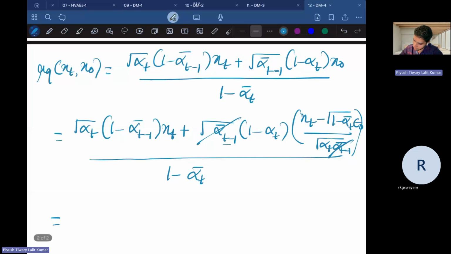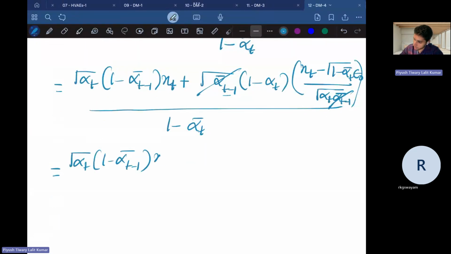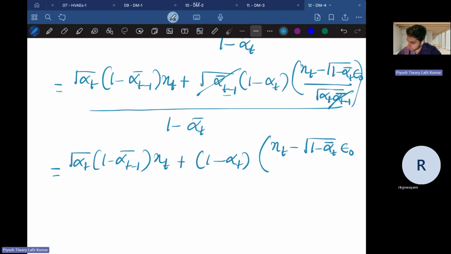This thing will become alpha t 1 minus alpha t minus 1 bar xt plus 1 minus alpha t into xt minus square root of 1 minus alpha t bar epsilon naught divided by square root of alpha t.